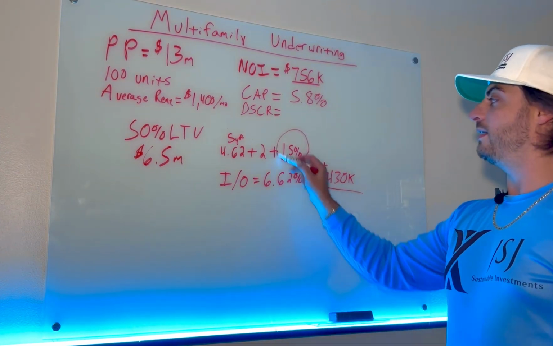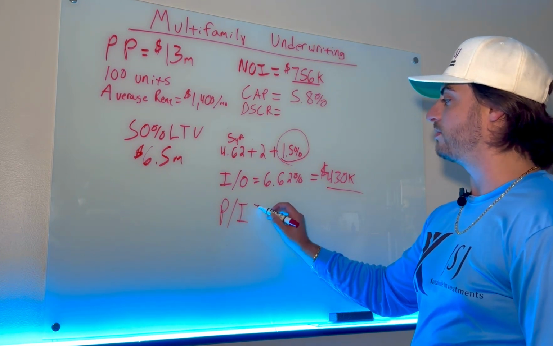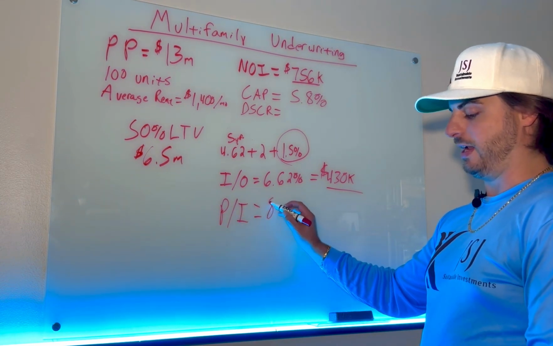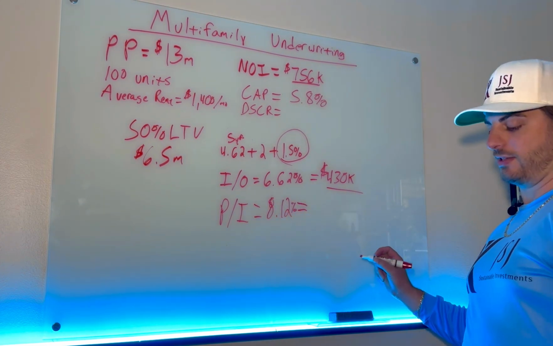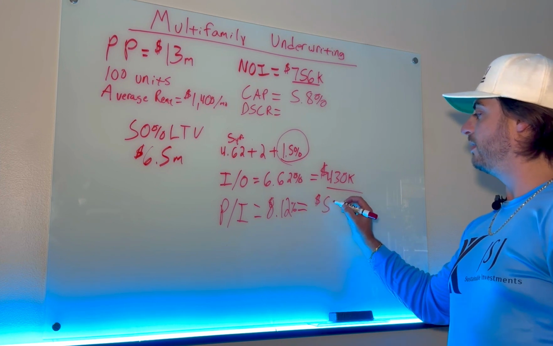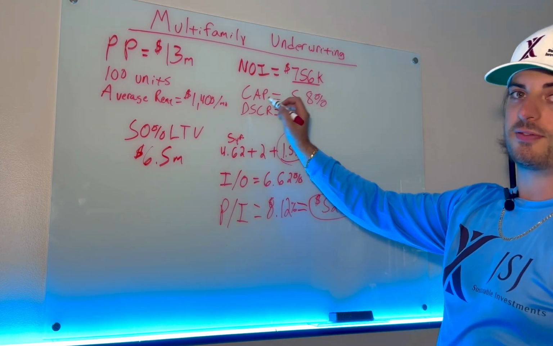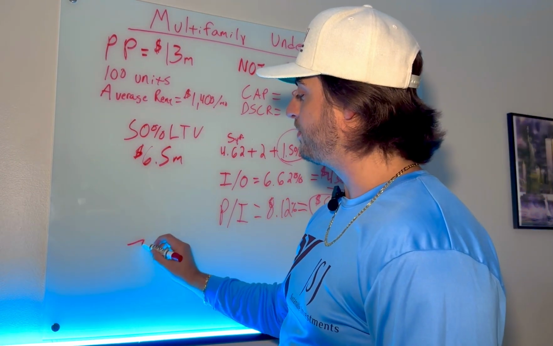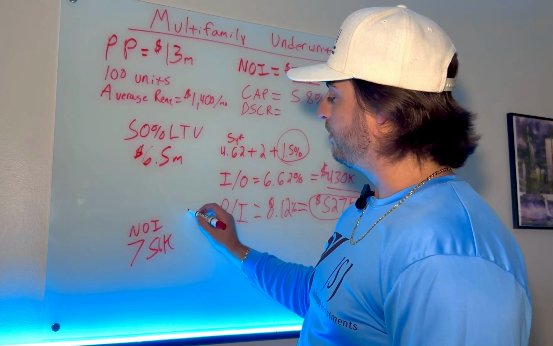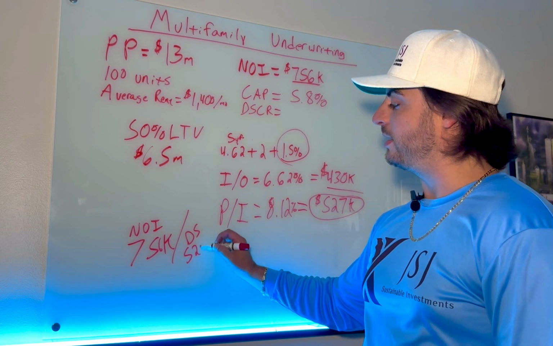Now we're going to add in our P&I, add in that 1.5%, so we're principal and interest. That rate is 8.12, horrible 8%. And that debt service payment is $527,000. Same as before, to calculate our debt service coverage ratio, we'll now take our NOI of 756K and we'll divide it by the debt service, which is 527K.